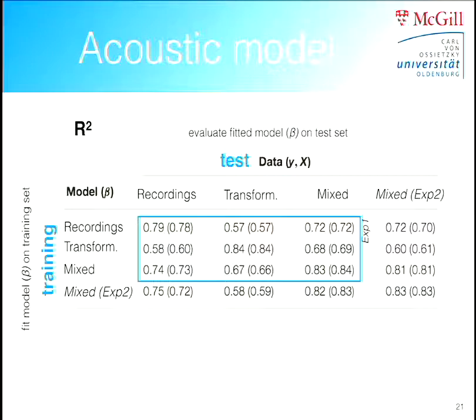Fitted on recordings, evaluated on transformations is worse. But overall, I would conclude this is a fairly robust model, at least for the domain of timbre. Like R² of 0.8 is okay if you talk about timbre. And this is the acoustic model only.